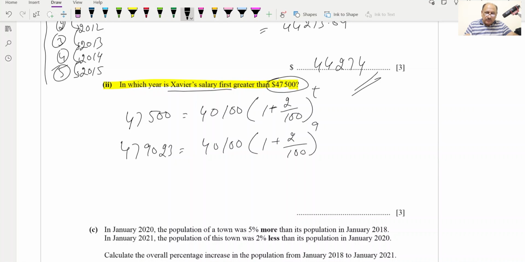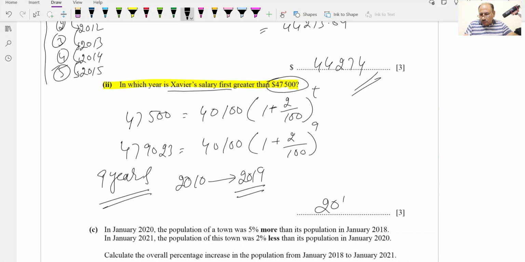You can use this one, and this will be 9 years. So 9 years time duration we got, and from 2010, after 9 years it will be 2019. So we can write here 2019.